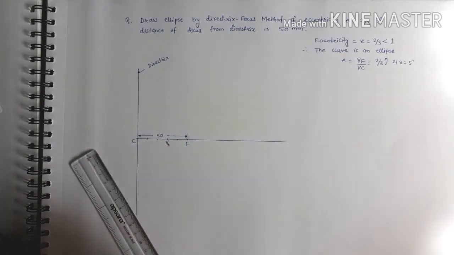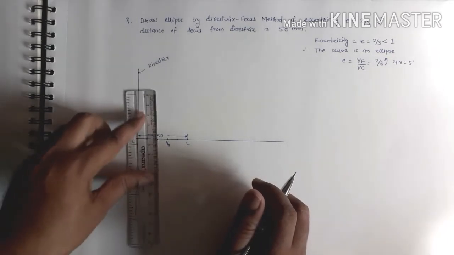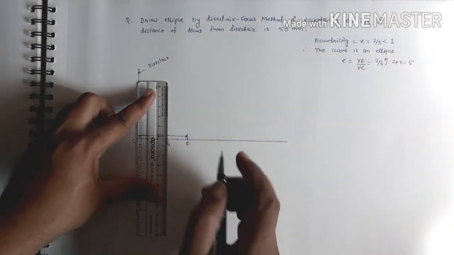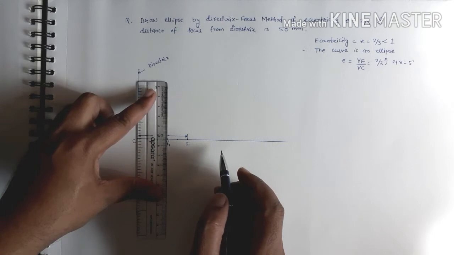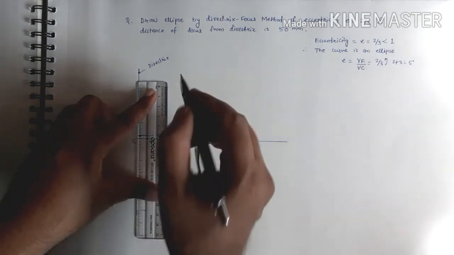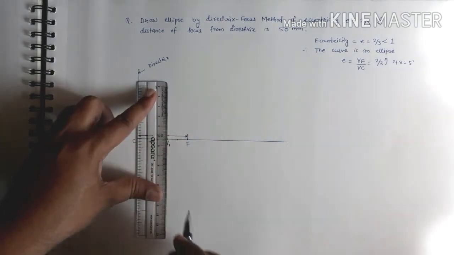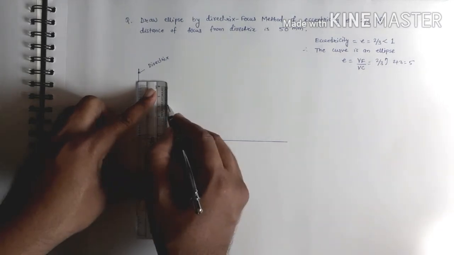So first draw a perpendicular line from V1.